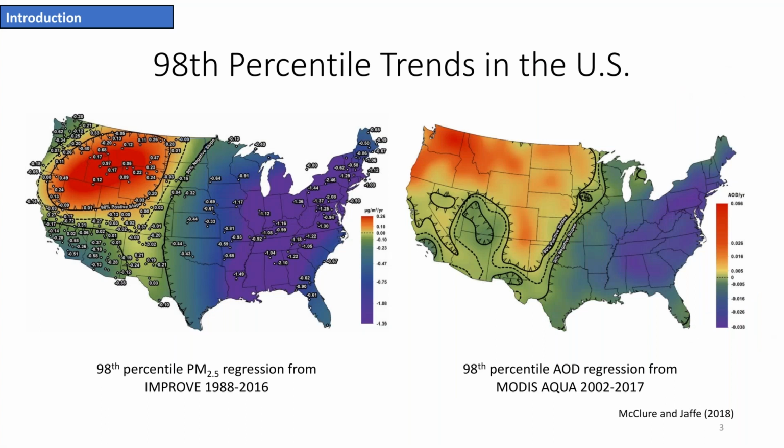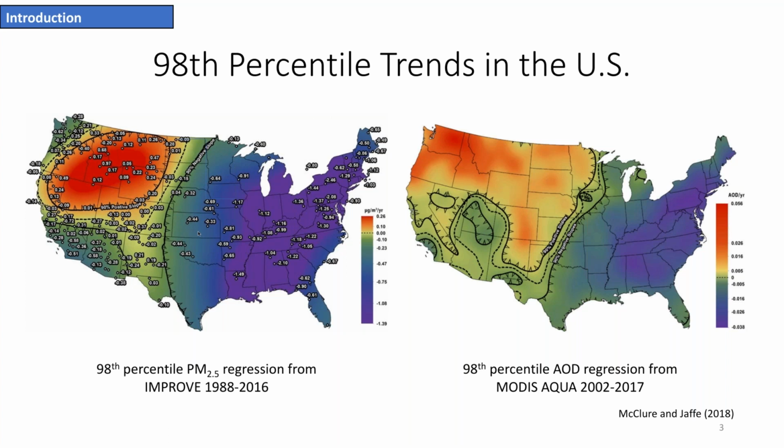The main motivation for this research comes from a paper from McClure and Jaffe in 2018, where they investigated trends in high impact aerosol events, or trends in the 98th percentile. They looked at PM 2.5 from the IMPROVE network on the left there, and aerosol optical depth from MODIS.